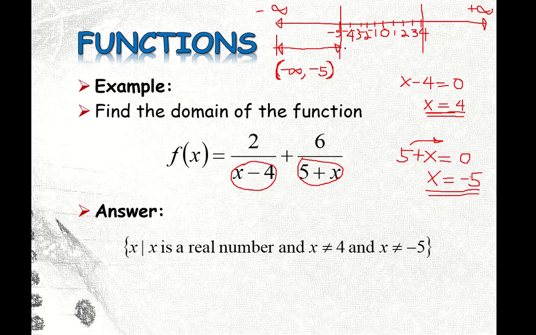Another interval is from here to there. In set notation, we can write this as minus 5, which is excluded, and positive 4.